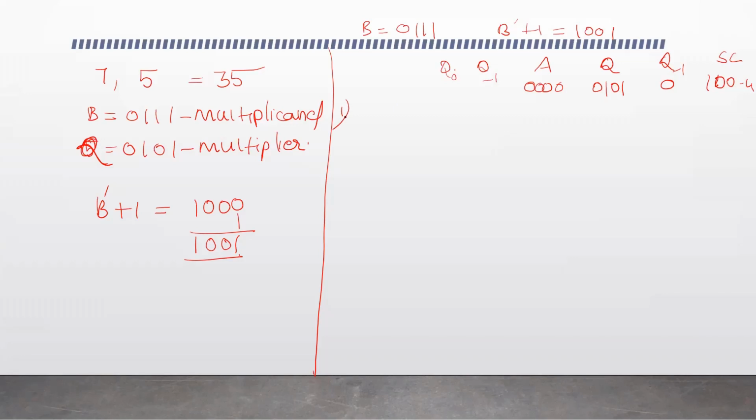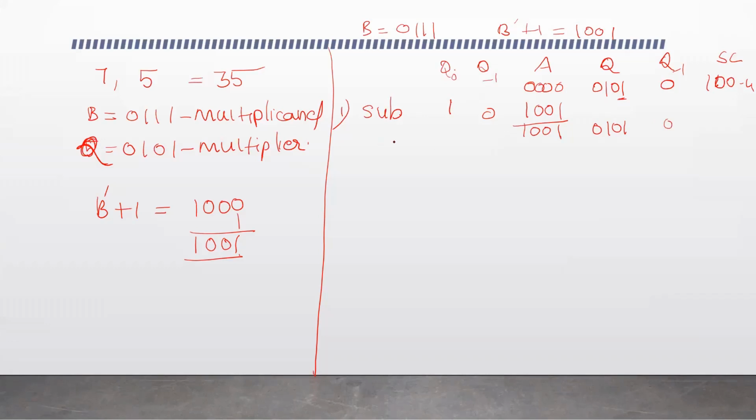Our first step is checking Q naught and Q minus 1. Q minus 1 is 0 already, and Q naught is 1. So with 1 and 0, changing from 0 to 1, we subtract. For subtraction, you take the 2's complement of B, 1, 0, 0, 1, and add it to A. When you add this, you get 1, 0, 0, 1. Our Q is 0, 1, 0, 1, and Q minus 1 is 0.